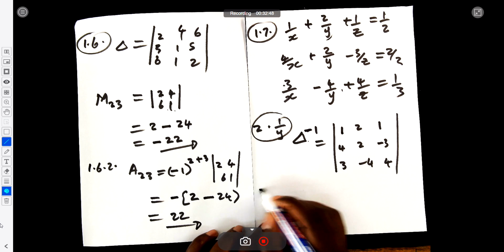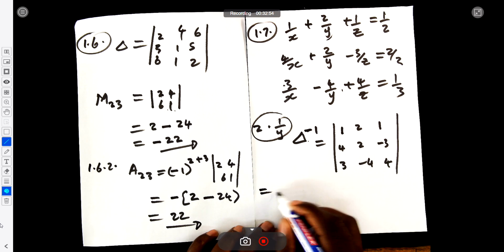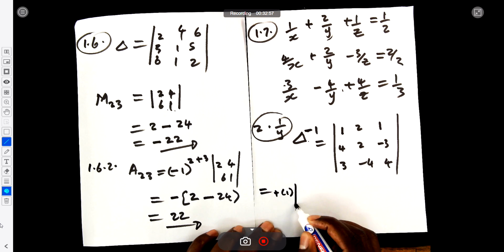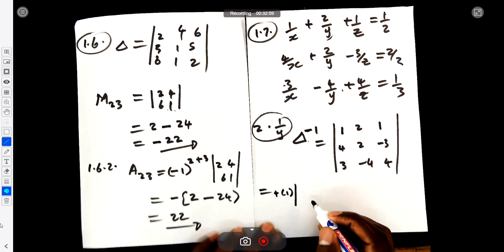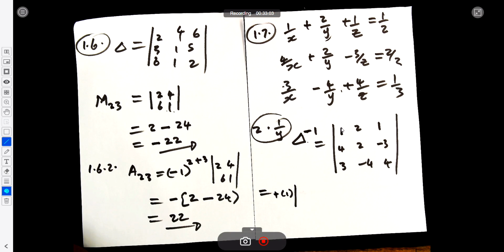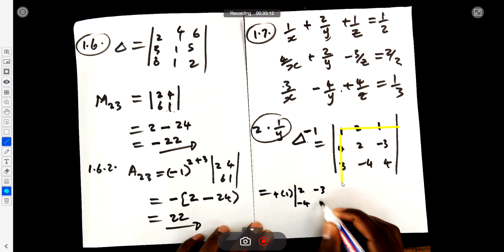So when you deduce, you know that you evaluate using the row method, it's easier. So we know the output is going to be positive times 1 times the minor of 1. You will be eliminating from 1 there, and have 2, minus 4, negative 3, 4.